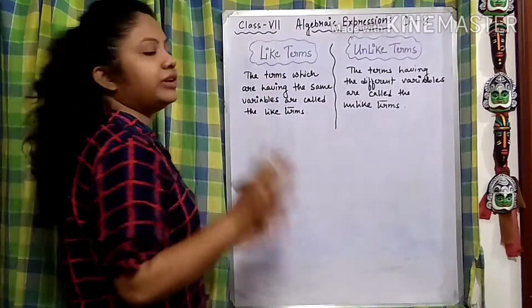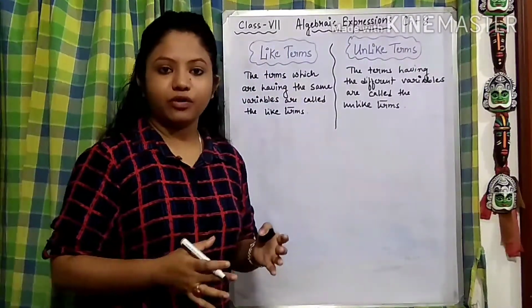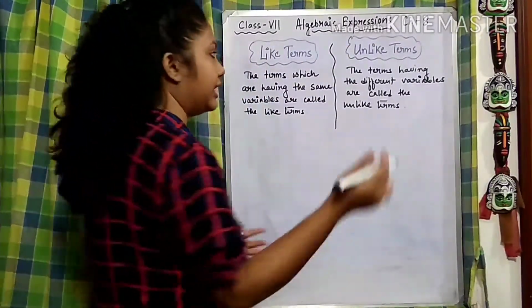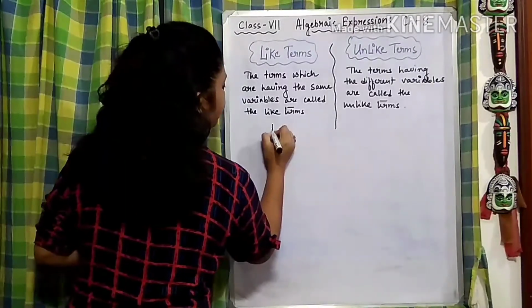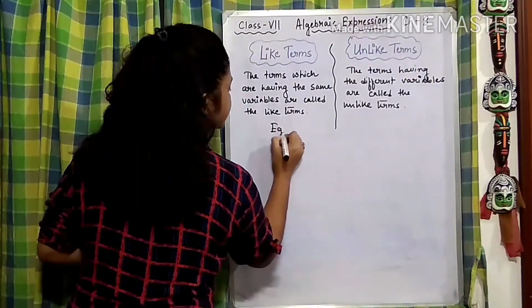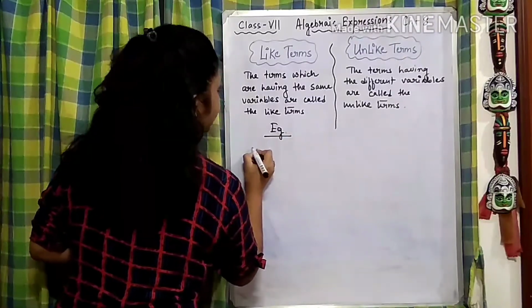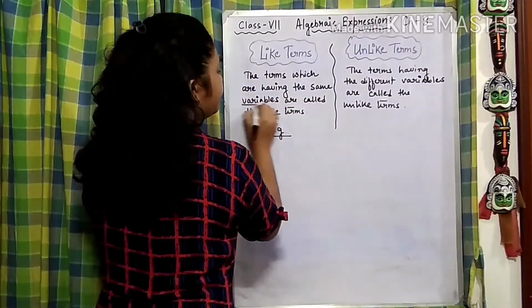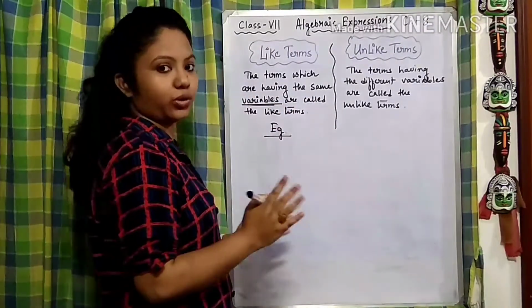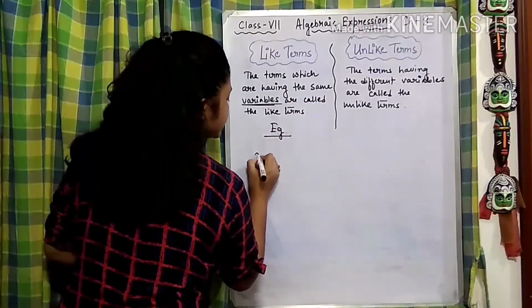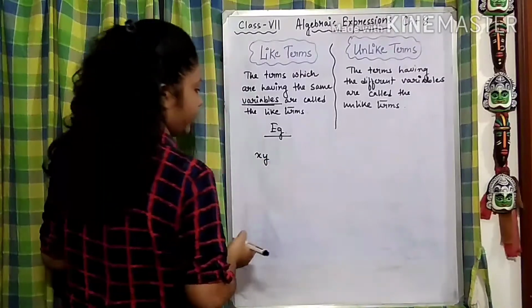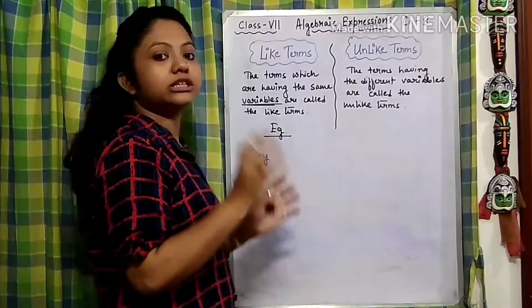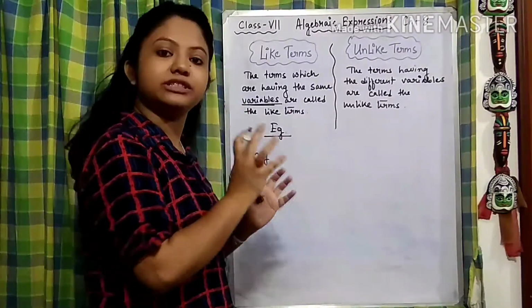Now, let's take examples. How are we going to understand like terms? Suppose there are terms in which the variables are constant. Say the variables are x, y. For all the terms, there will be x, y which is constant.